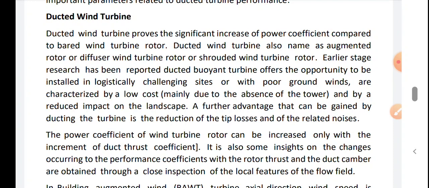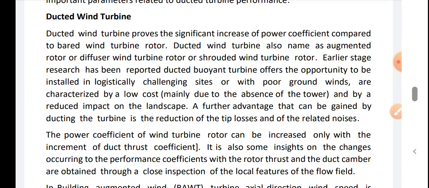Also, the advantage that can be gained by ducting the turbine is the reduction of the tip loss and the related noise, which is also an additional advantage if we are using ducted wind turbines.